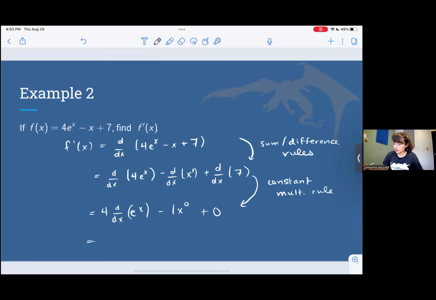Then we know from our set of basic derivatives that the derivative of e to the x is just e to the x. So we get 4 e to the x. x to the 0 is the same thing as 1. Any number to the 0 is 1. So negative 1 times 1, I should get negative 1, and then plus 0. So in total, f prime of x is equal to 4e to the x minus 1.